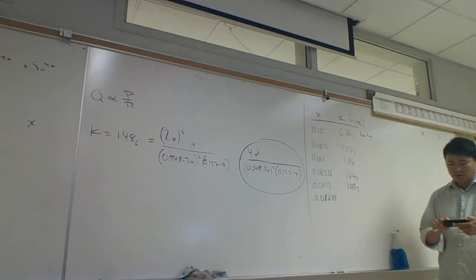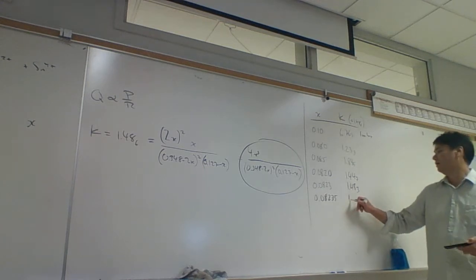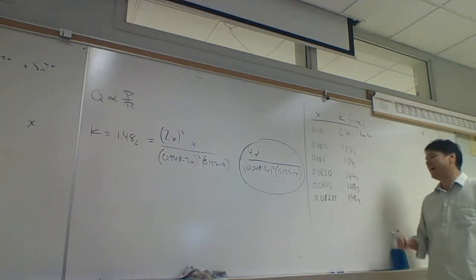All right, so let's try this out. I'm going to go 2 times 0.08235 equals minus 0.348 equals that, square that, times parentheses 0.08235, 0.127 minus 0.08235, close parentheses, that, invert that, times 0.08235 cubed times 4. 1.489.